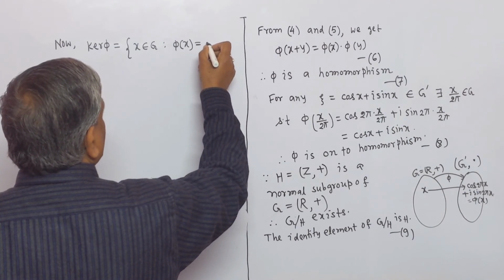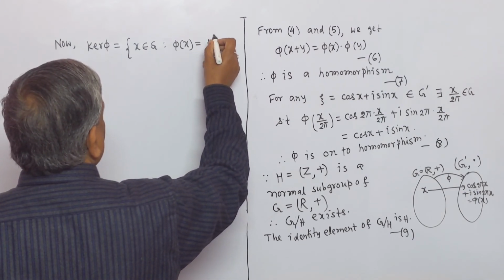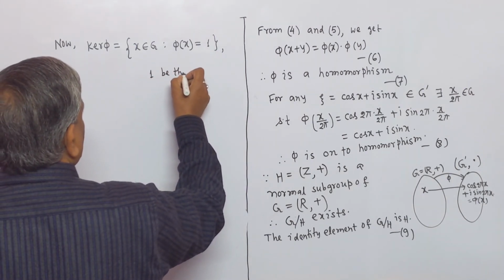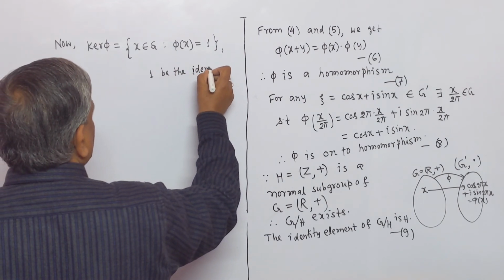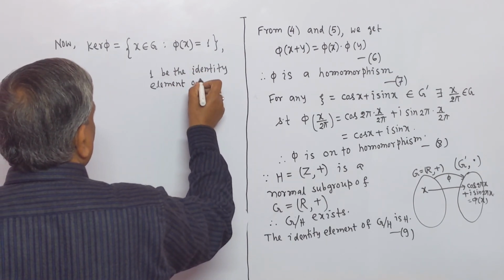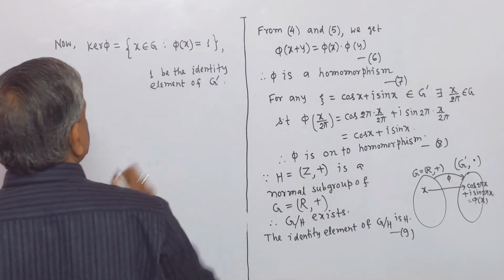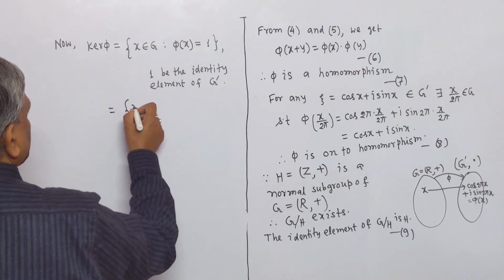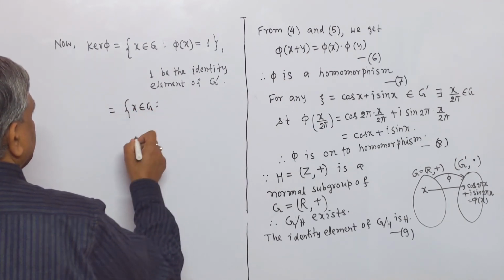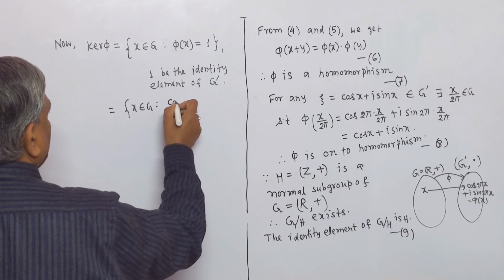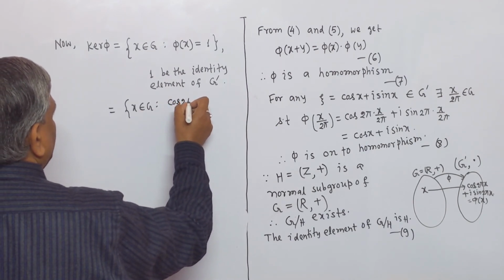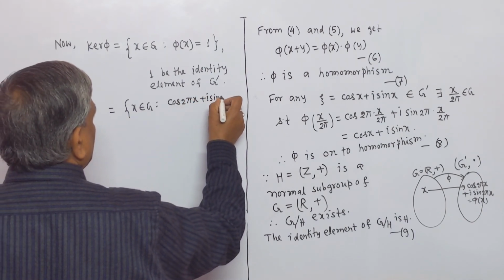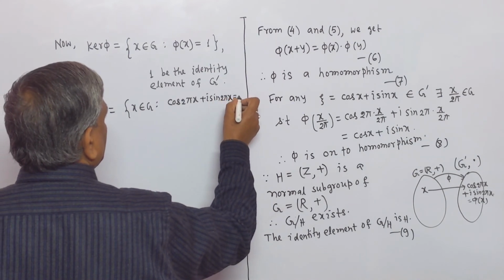Since identity element of G prime is 1, kernel of phi equal to x belongs to G such that phi x, cos 2 pi x plus I sin 2 pi x, equal to 1.